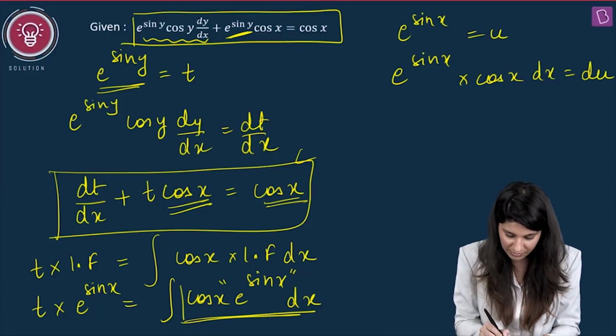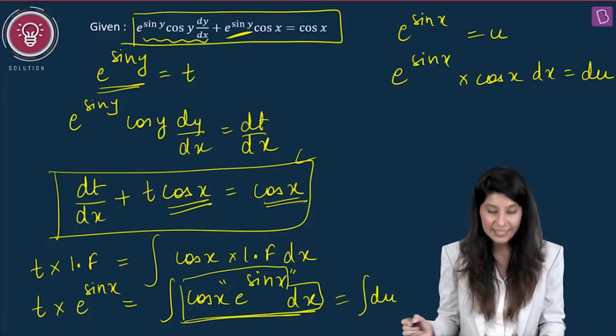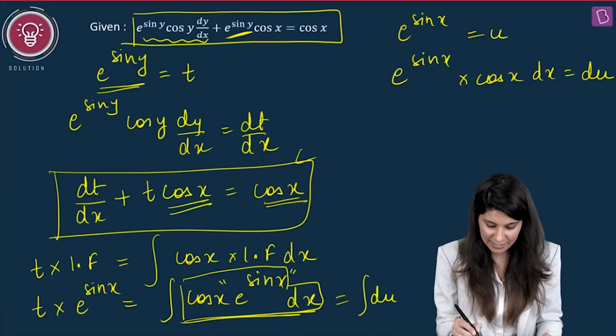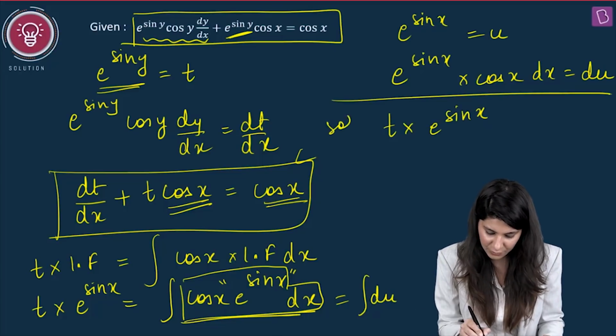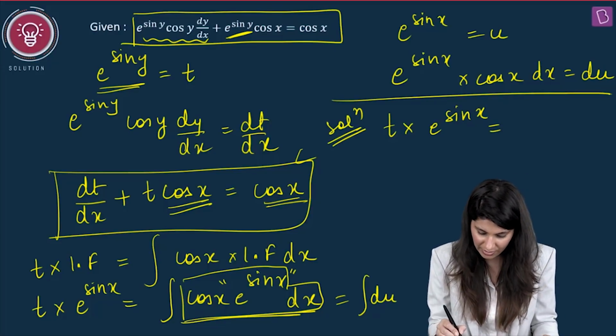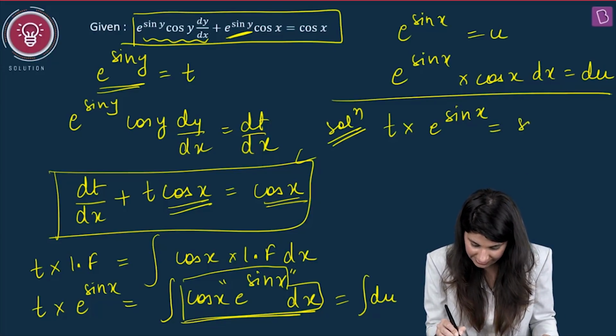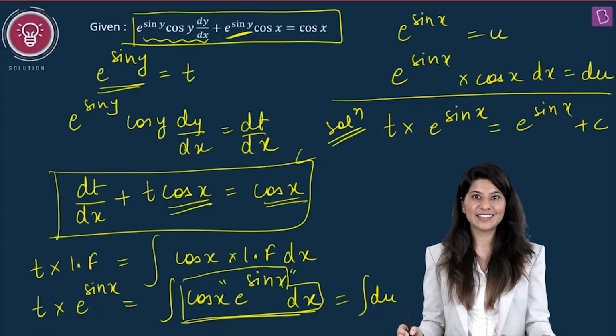Right? So the whole thing is replaced by du. Integral of du is u plus c. So t multiplied by e raised to power sin x, this is the solution: t multiplied by e raised to power sin x equals e raised to power sin x plus c, isn't it?